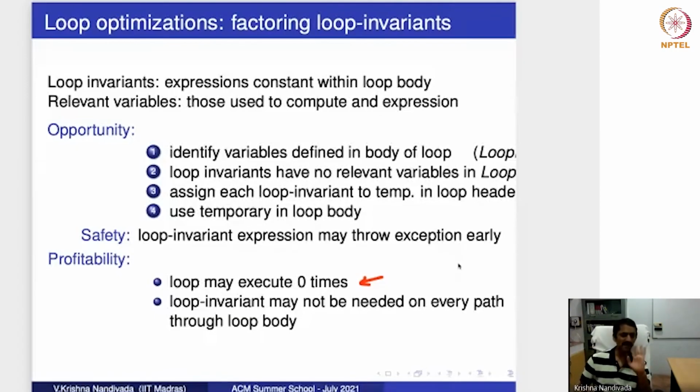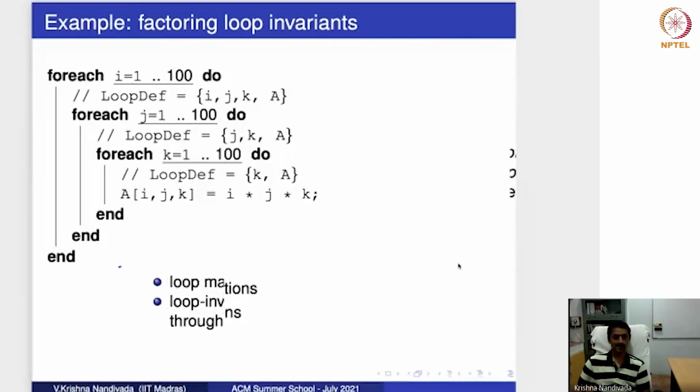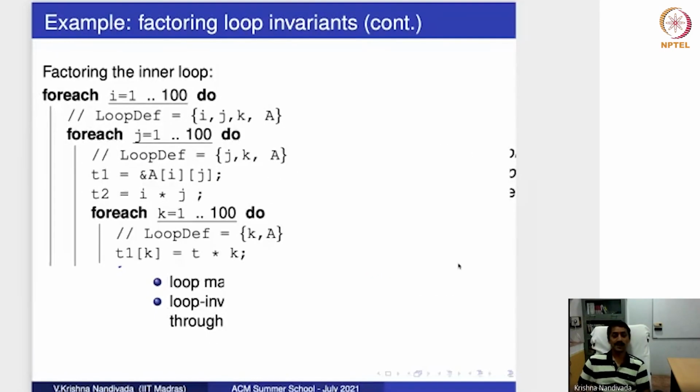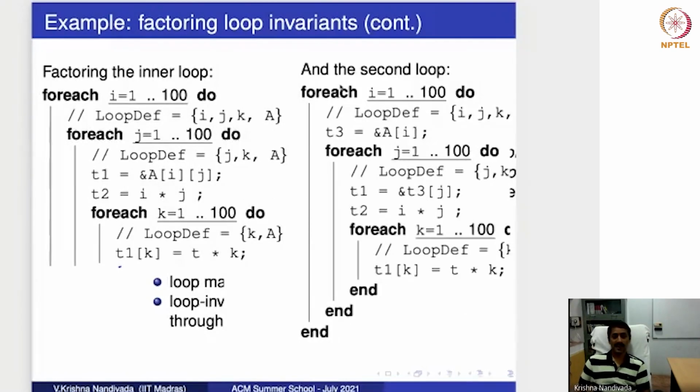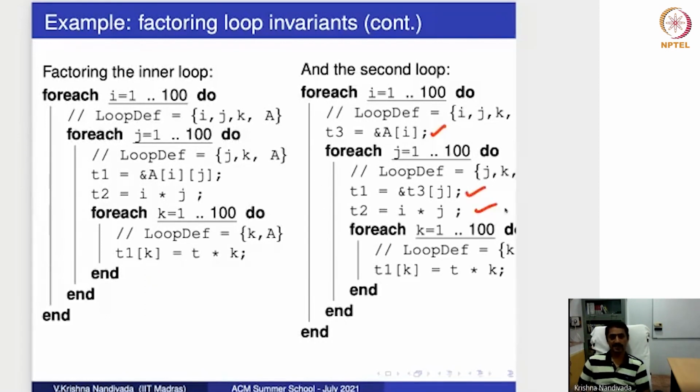But more or less, assuming that the loop is executed more than once, loop invariant code motion is a good optimization. So as we saw, this particular code, we can replace it this way, where I move a sub i, a sub ij and this multiplication. As a result, I get much fewer array index operations and multiplications.